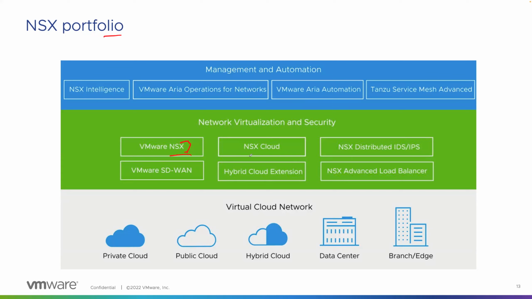One is NSX. This is the on-prem form factor for your private data center. Next is the public cloud form factor, named NSX Cloud. It is based on NSX with some public cloud features added on it.